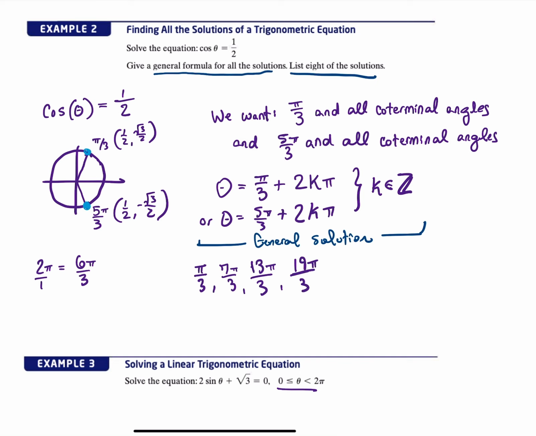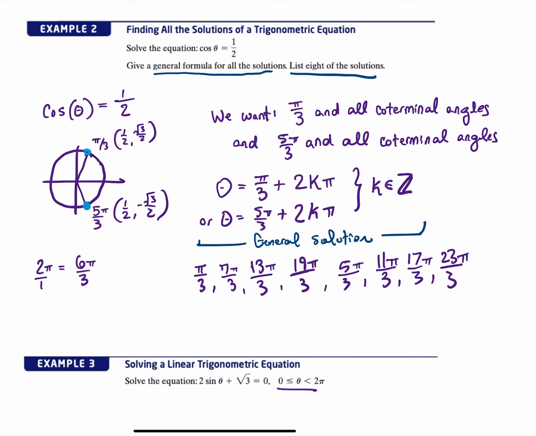So I got 4 solutions. Now let's get 4 from this other statement. We can start at 5 pi over 3. And let's add another 6 pi over 3. So the next one would give us 11 pi over 3. Add another 6, 17 pi over 3. Add another 6, we get 23 pi over 3.